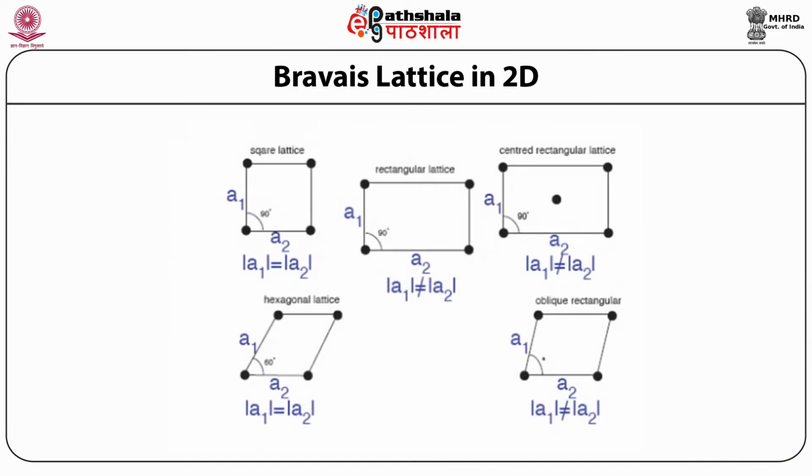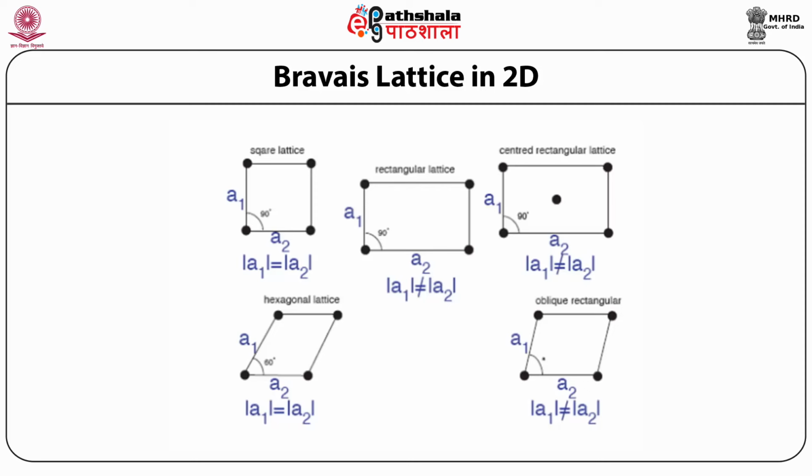In this slide, the Bravais lattices in 2 dimension are illustrated. You can see that we have drawn 5 kinds of geometry. On the top left is a square lattice. Here our lattice vectors A1 and A2 are perpendicular to each other and equal in magnitude, A1 equals A2.